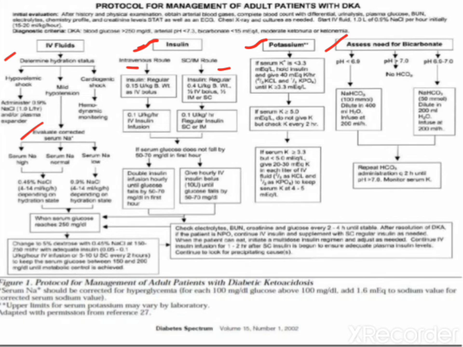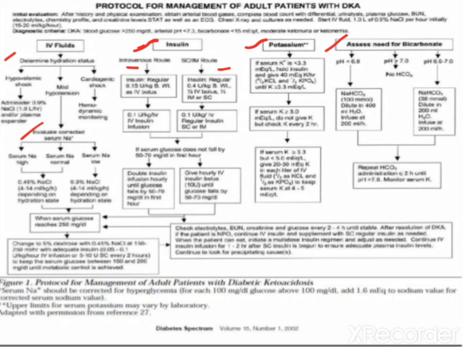If the pH is less than 6.9, then sodium bicarbonate injection should be given. It should be diluted in water and infused at a rate of 200 ml per hour. And if the pH is more than 7, there is no need to administer sodium bicarb.